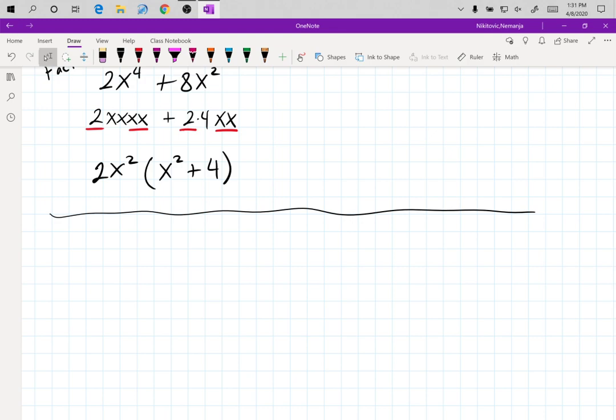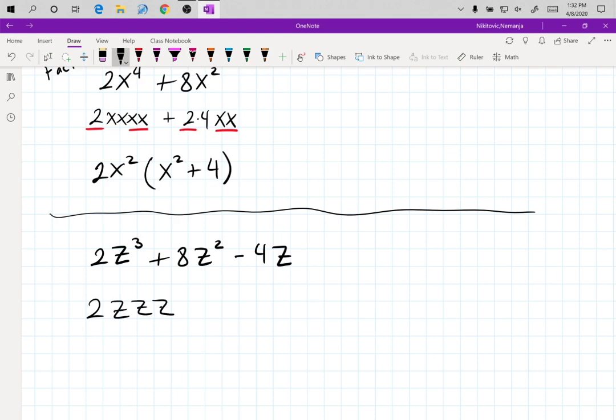You can have more than 2 terms. 2z cubed plus 8z squared minus 4z. We can have more than 2 terms. So that's 2, cross your z's so it doesn't get confusing.